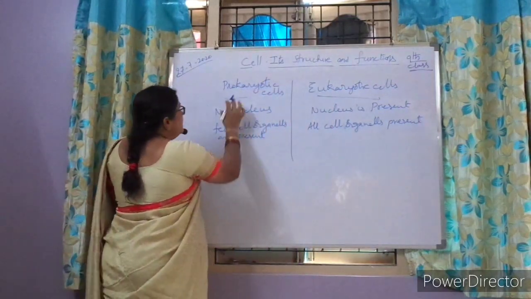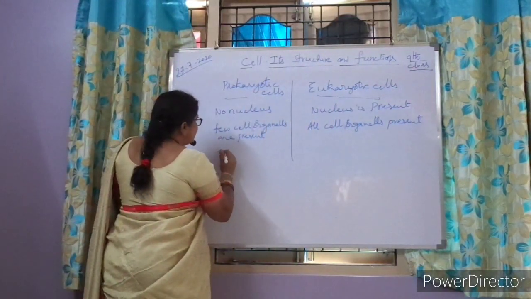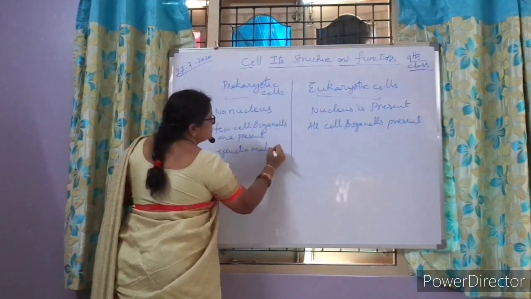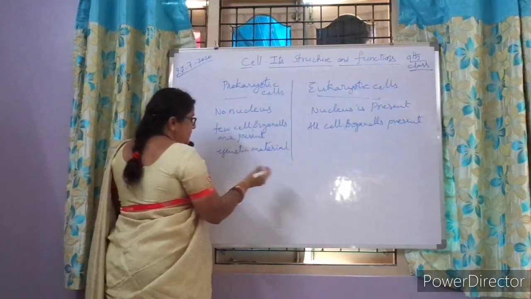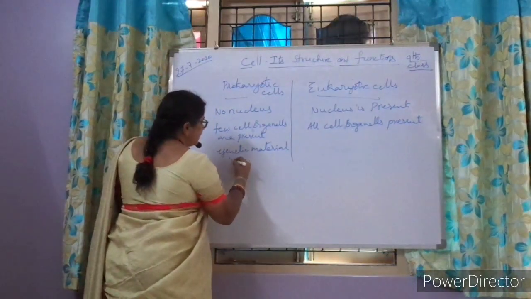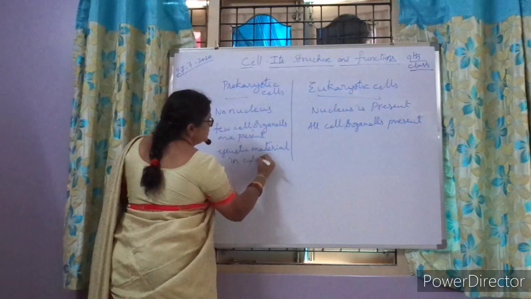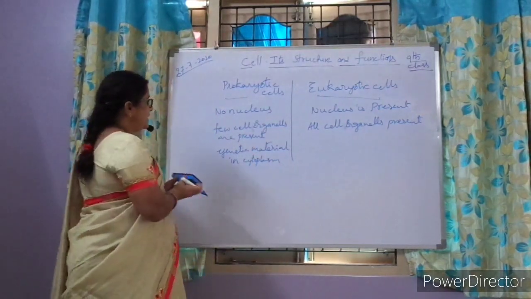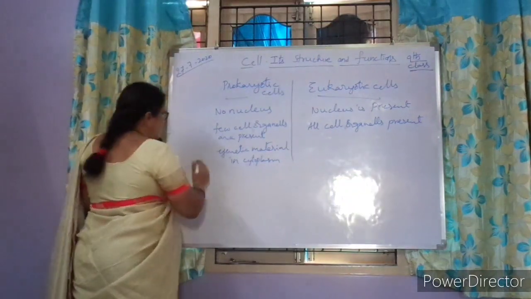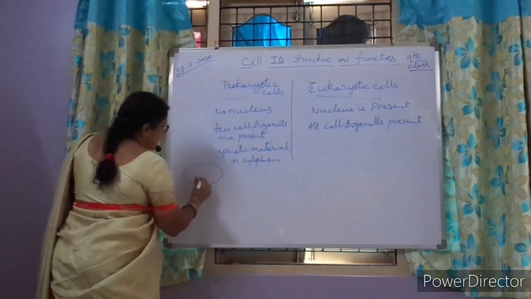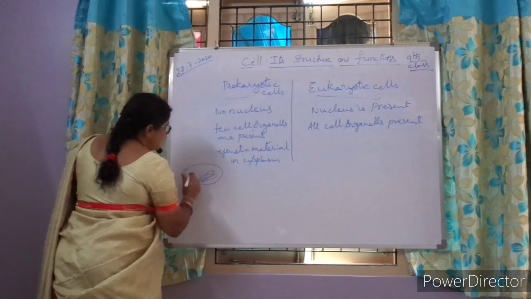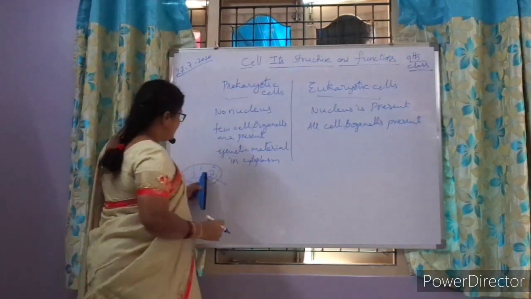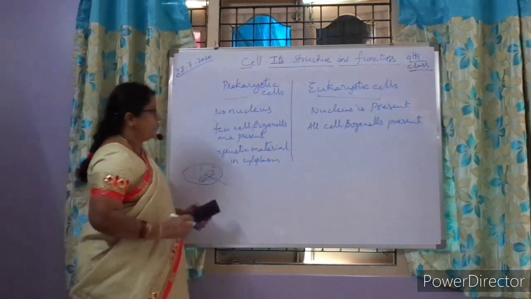Then, in prokaryotic cells, the genetic material, that is maybe DNA, is present in the cytoplasm. For example, if you observe a bacterium cell like this, and we see the genetic material like this, and this is the cytoplasm. So it is called genetic material. So DNA is present inside the cytoplasm in prokaryotic cells.